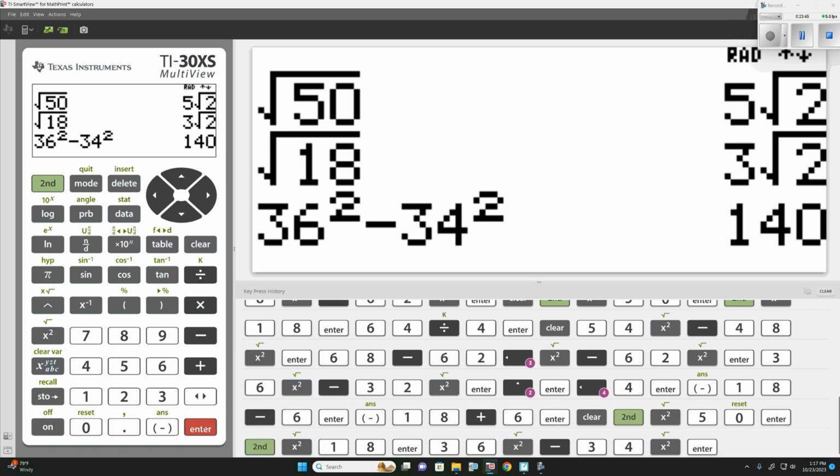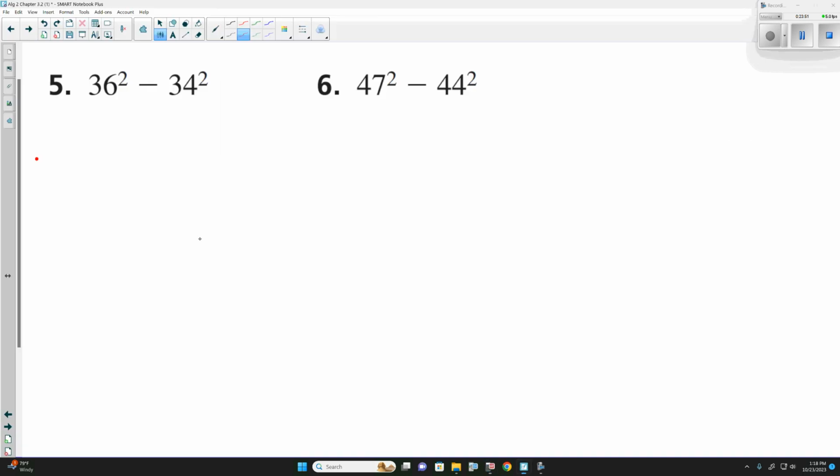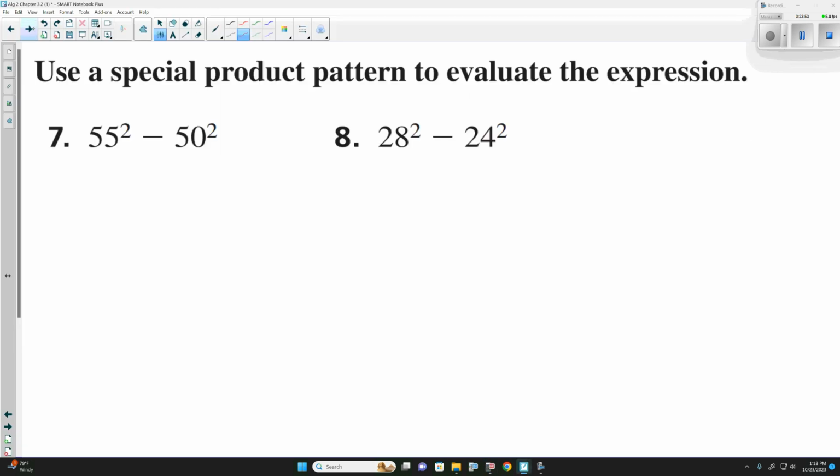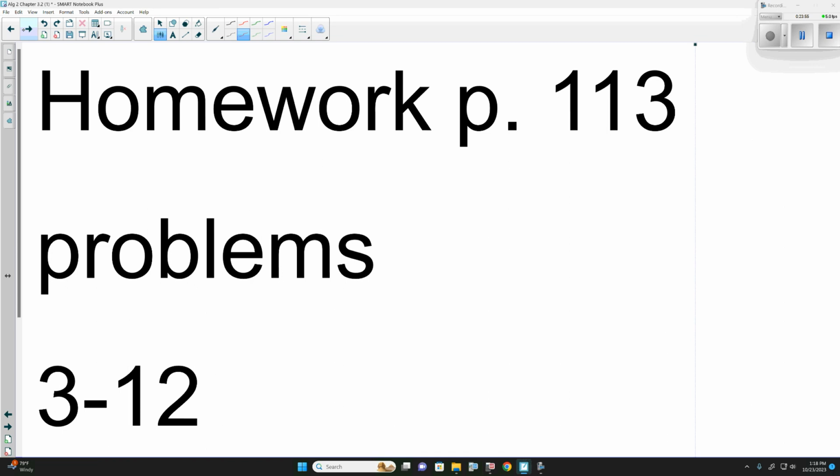Yeah, I mean, it's just two numbers being subtracted from each other, yeah. But that's it. That is all we're doing for today.